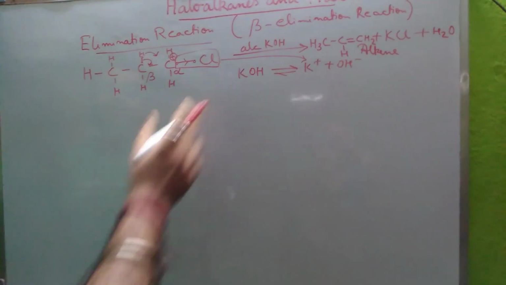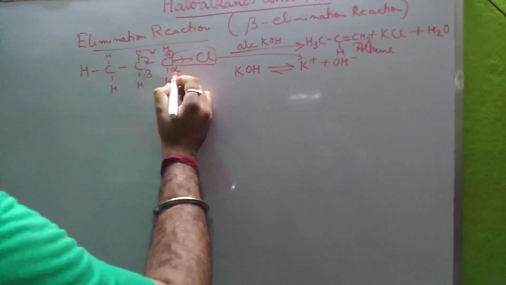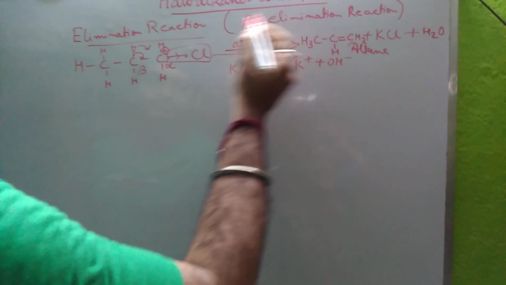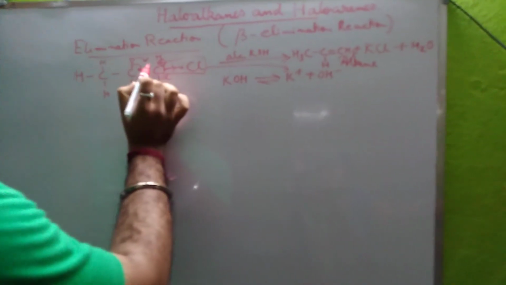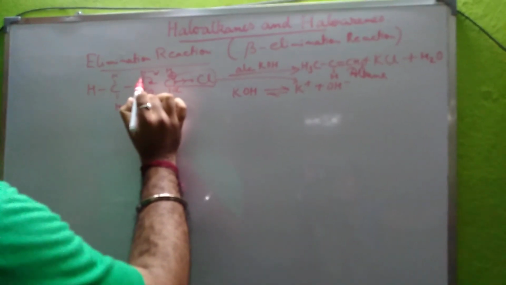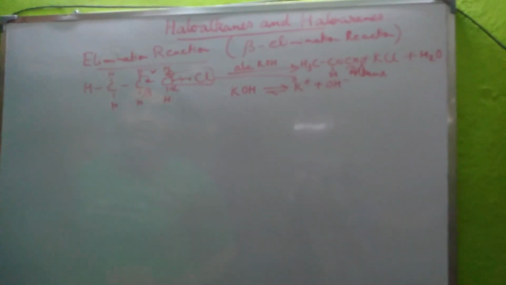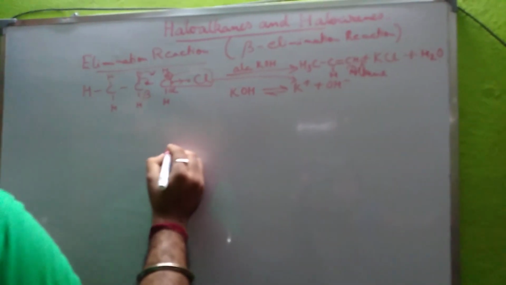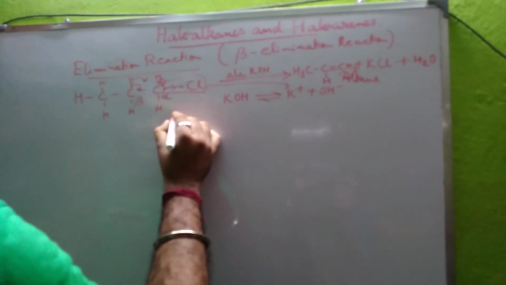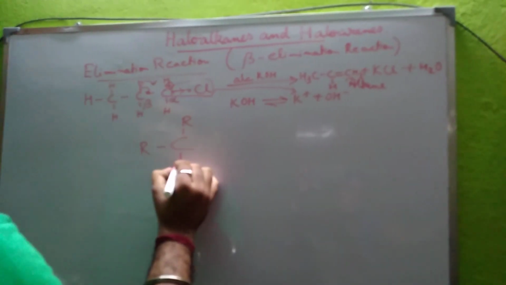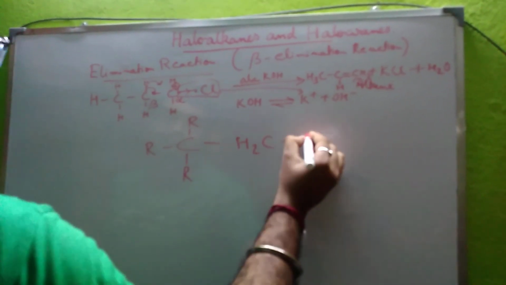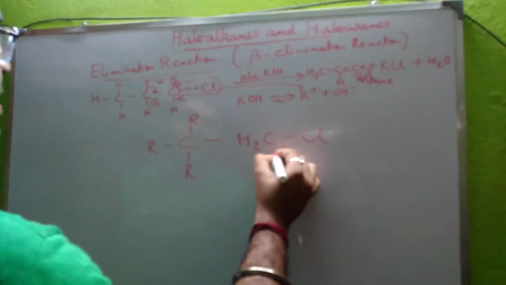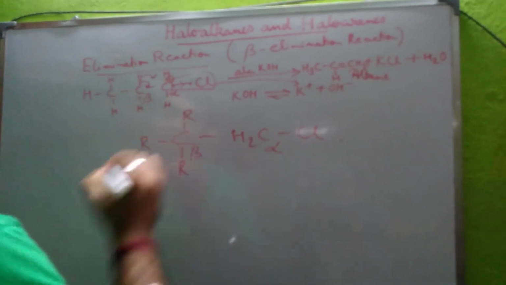That means beta elimination, as the name suggests: from the alpha carbon, the halogen atom moves out, and at the same time from the beta carbon a hydrogen has to move out so that it can form a double bond with the alpha carbon. Now you should also understand that suppose this is a structure where this is the alpha carbon and next to it is the beta carbon.